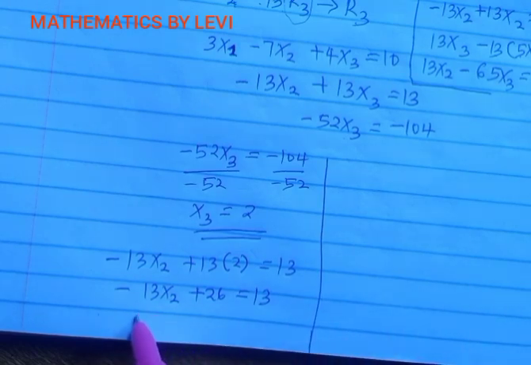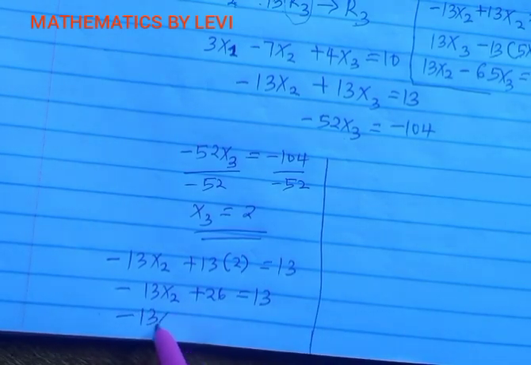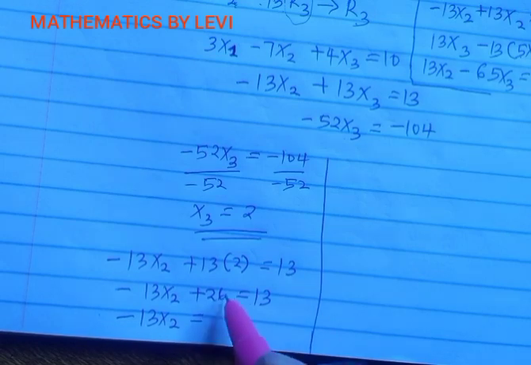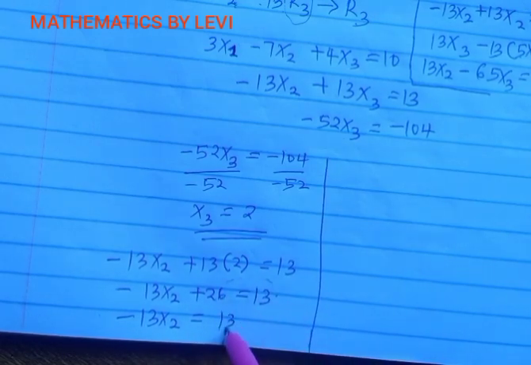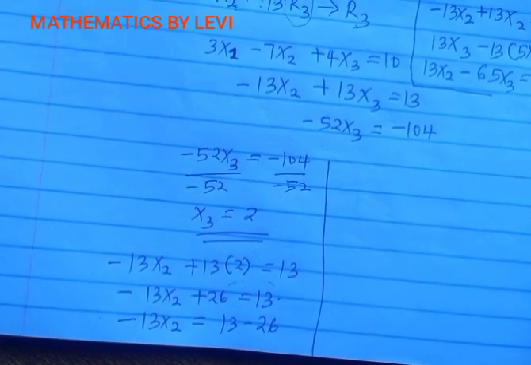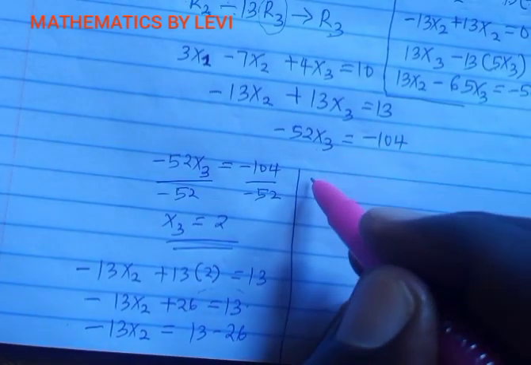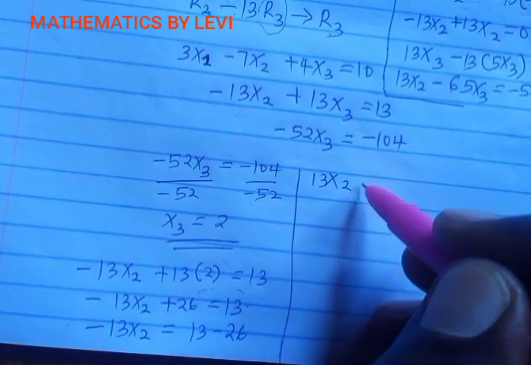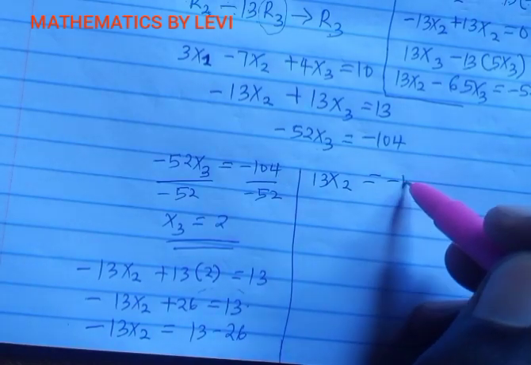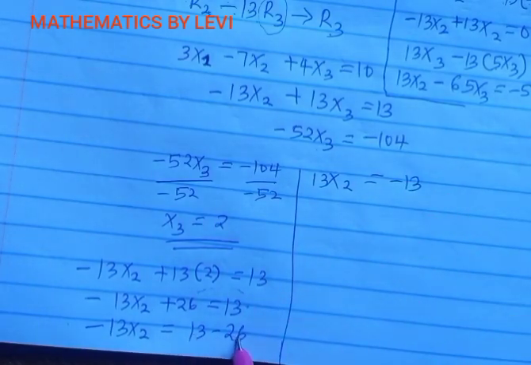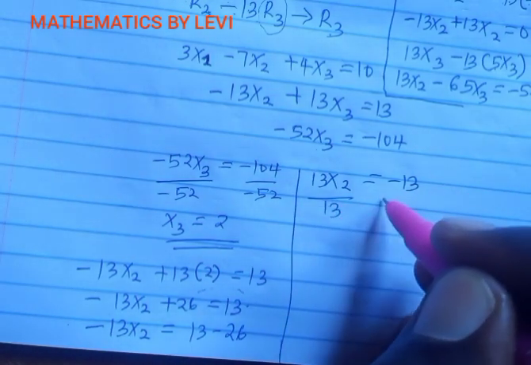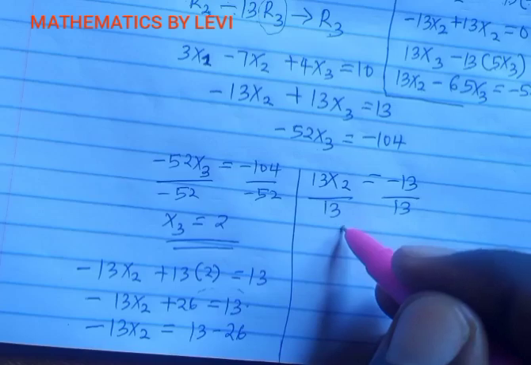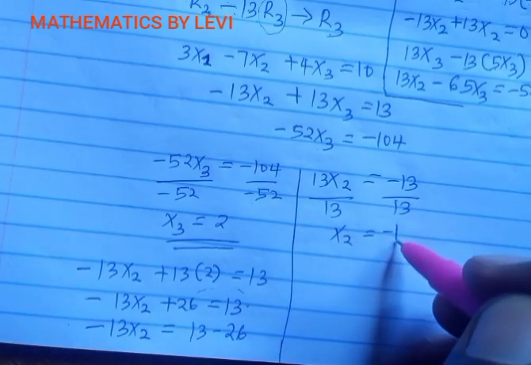If I take 26 to the other side, I will have 13 minus 26. And therefore, I will obtain negative 13x2 equals to negative 13, because 13 minus 26 is negative 13. So over 13, over 13. That means my x2 equals to negative 1.